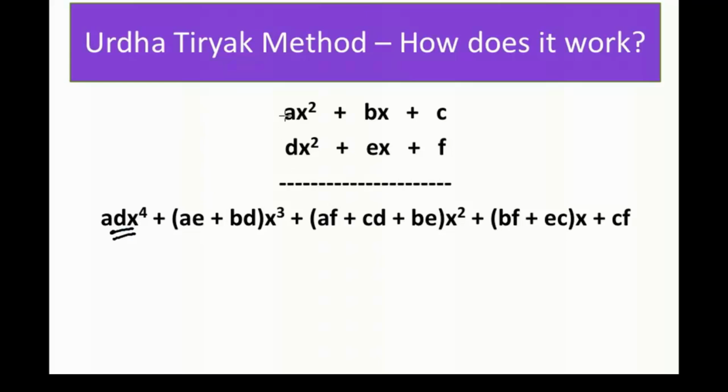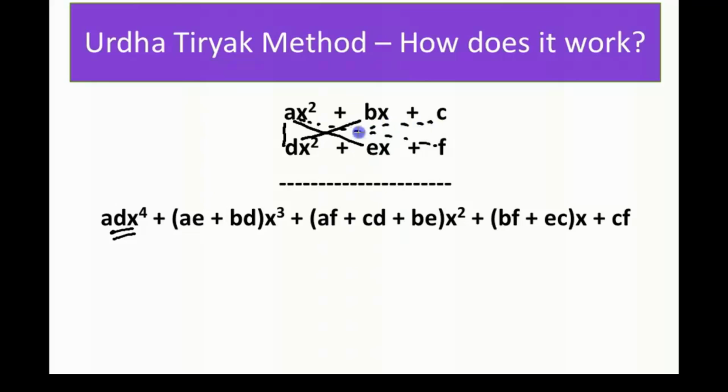Let's look at the multiplication point of view, how that Urdhva Tiryagbhyam theory of application comes into the picture here. So I have just written the same thing but in a multiplicable way. If you can see, this is ax² + bx + c, and below I have written dx² + ex + f, and the same algebraic expression is the result.